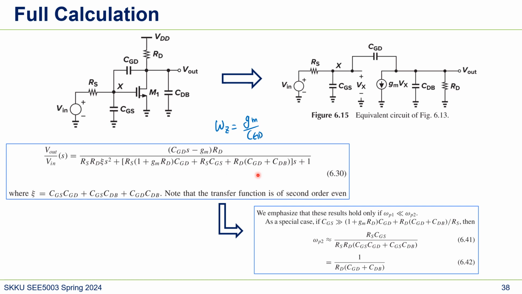And with some approximation, these two approximations, we get a pole similar to what we predicted using the Miller effect. Pole 2 is at this node. So it says that the Miller effect gives us a good approximation.